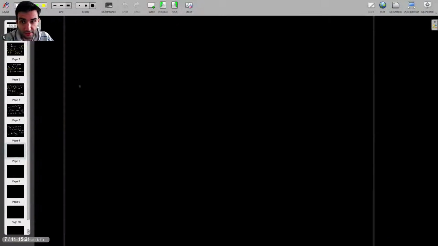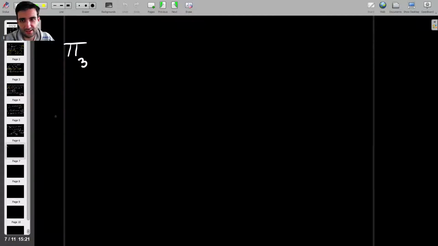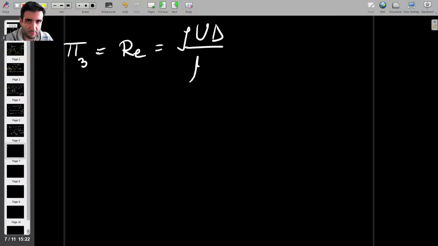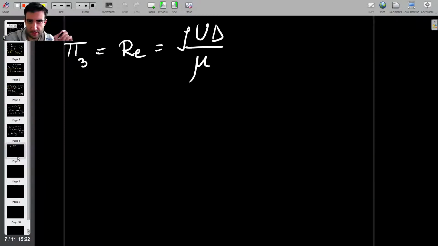And the third pi group, I won't go through solving this because the question actually tells you what the third pi group is, and that is the Reynolds number. So that is going to be equal to the Reynolds number, which is rho U D over mu. You can try this yourself. You can combine the variables in a similar way and find x, y, z, and you'll end up exactly with this.